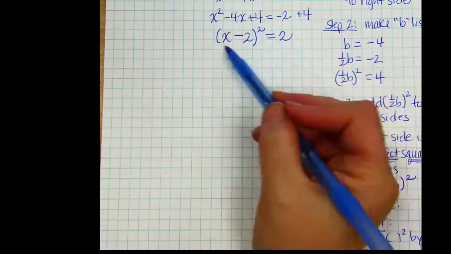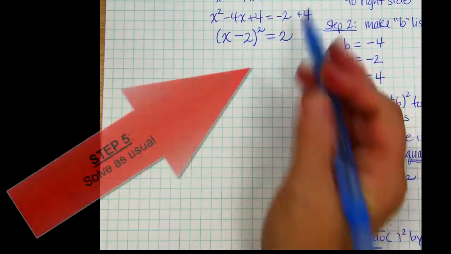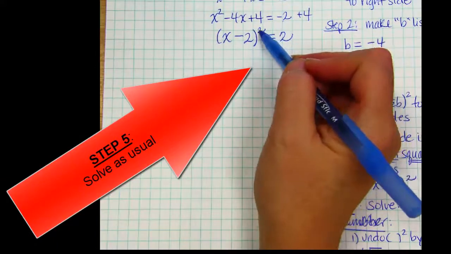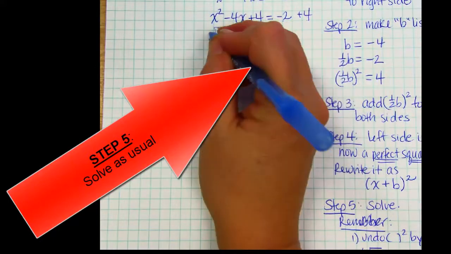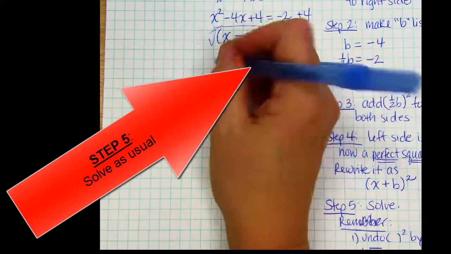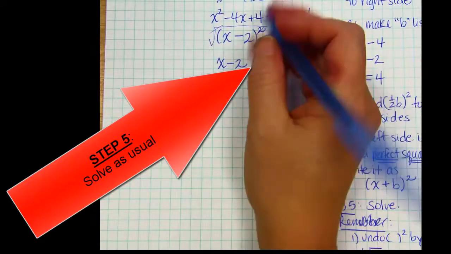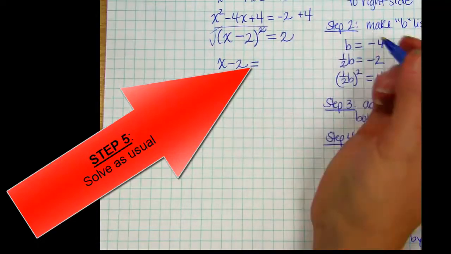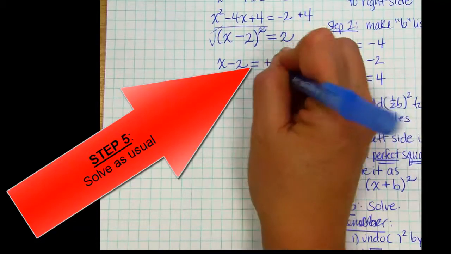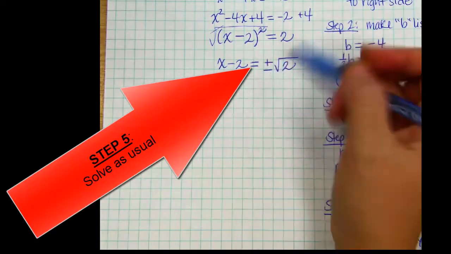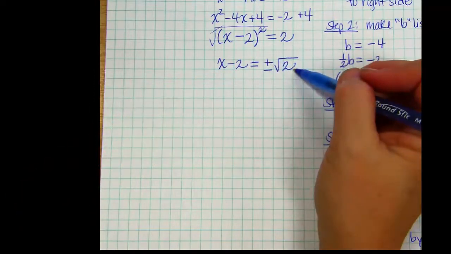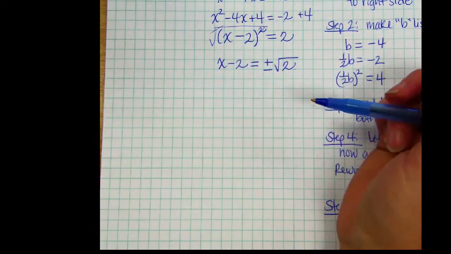I have x minus 2 all squared equals 2. So I'm going to undo this squaring by square rooting. So when I square root this side, that square root cancels out the squared, and I'm left with x minus 2. Because I square rooted the left side, I also need to square root the right side, but I need two solutions because it's quadratic. So it's plus or minus the square root of 2. Never forget that plus or minus sign.